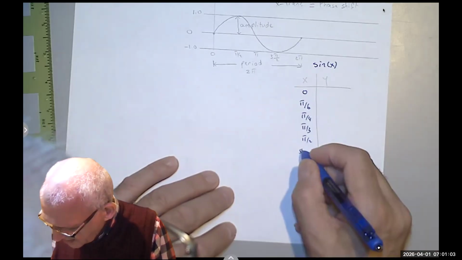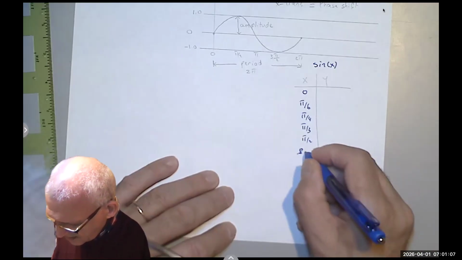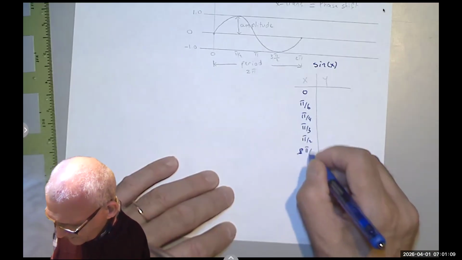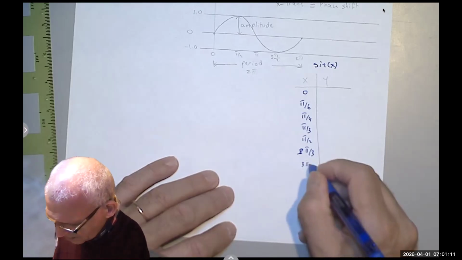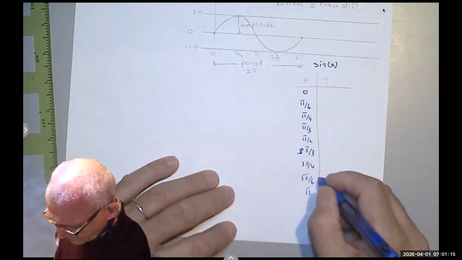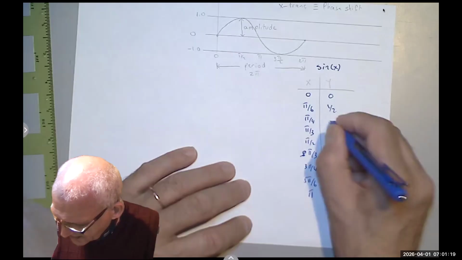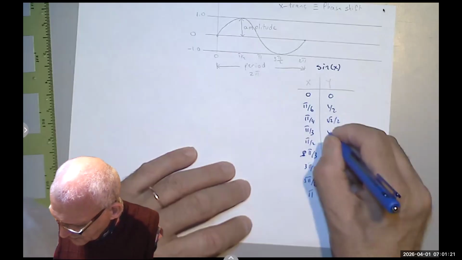We have 2 pi over 3, 3 pi over 4, 5 pi over 6, and then pi. So we know this is 0, this is 1/2, this is √2/2, this is √3/2.